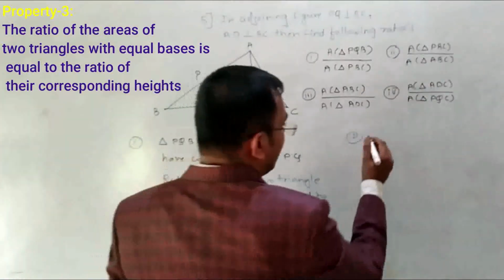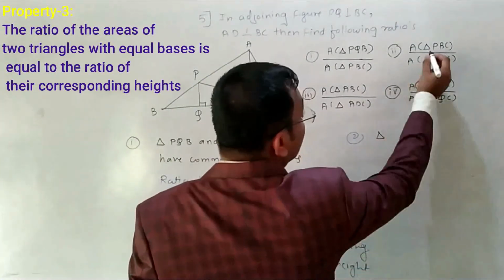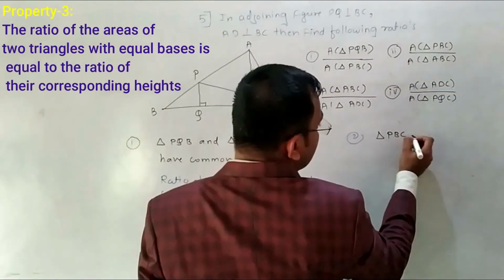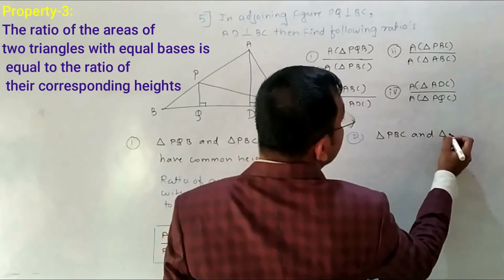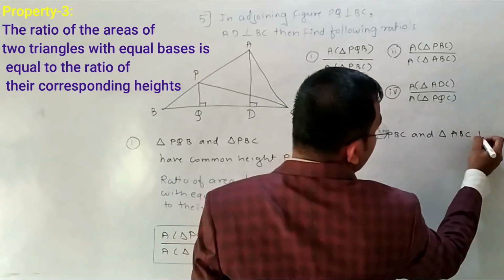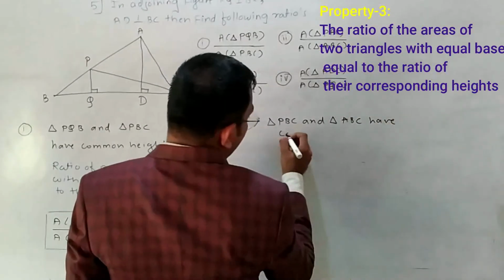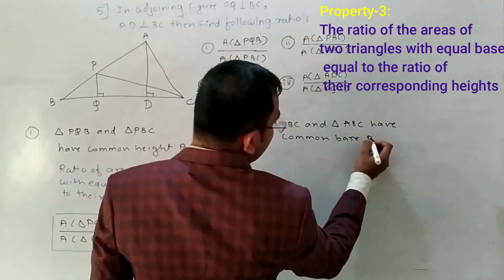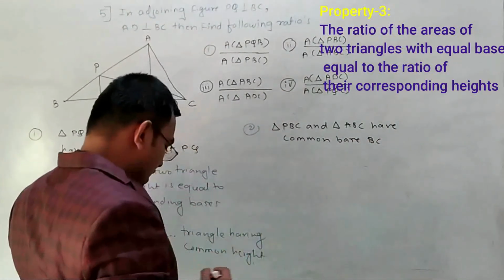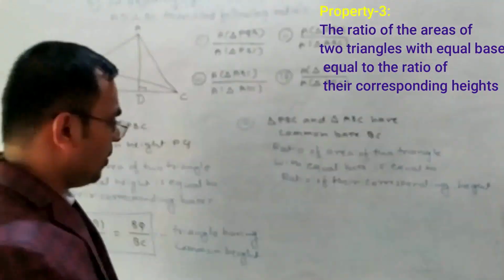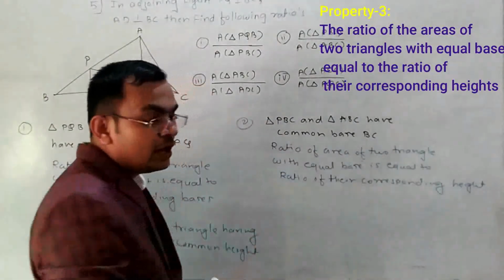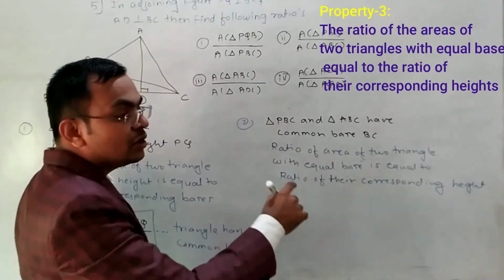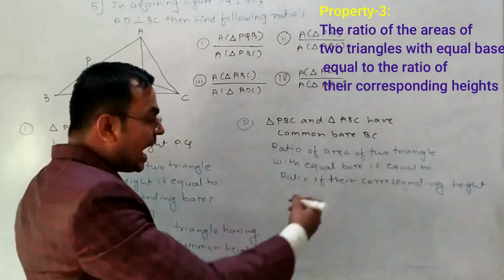So triangle PBC and triangle ABC have common base BC, and as per condition 2, here the base is equal, therefore the ratio of area of triangles is equal to the ratio of their corresponding height.